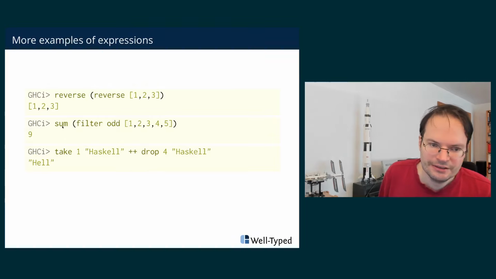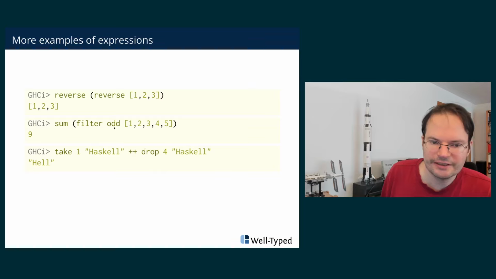Okay. Here's another example. Filter is another higher order function, again applied to odd. Unlike map, filter does not produce a list again, which contains all the results of the function being applied to each of the elements.